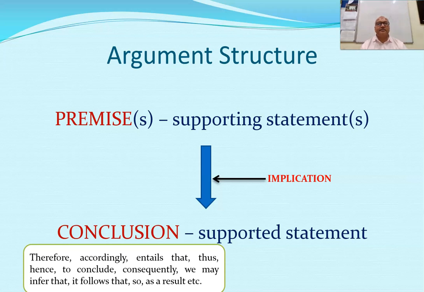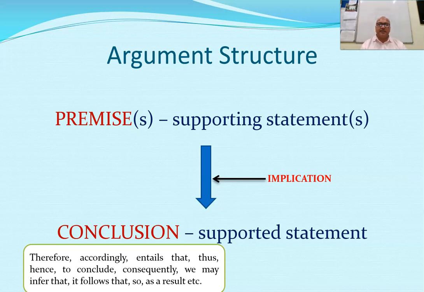Now there are certain identifying markers. How do we identify that a particular group of statements is an argument? First we try to figure out which statement is claimed to be supported, which statement is the conclusion in the whole structure.